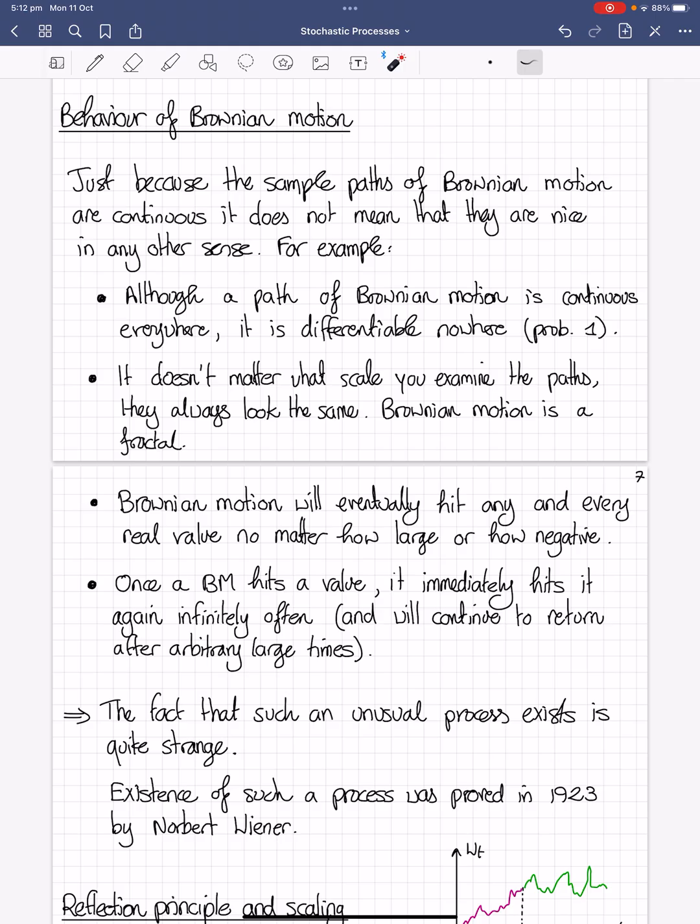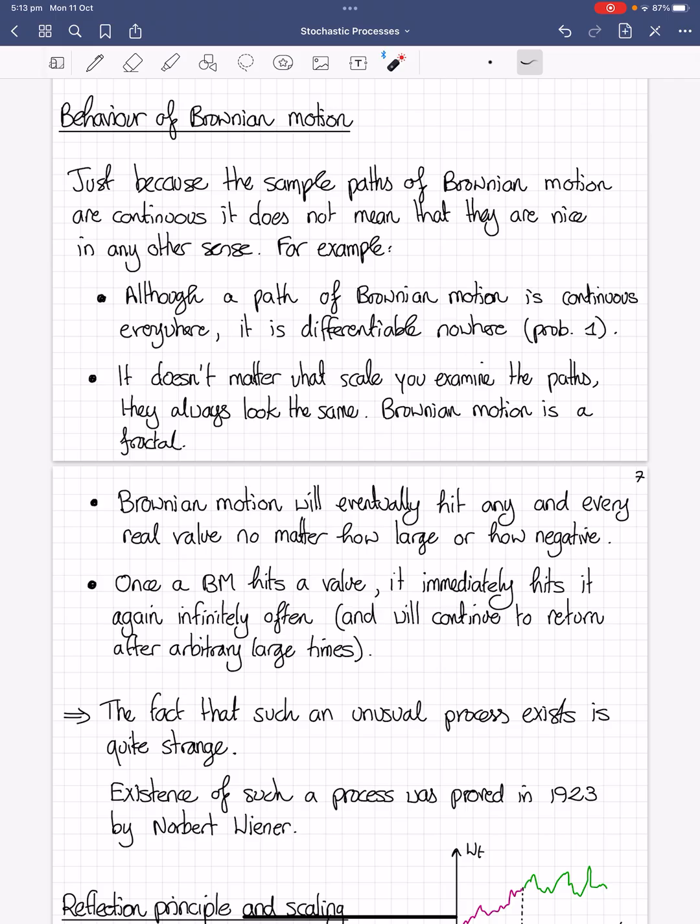Again, this is due to the fractal property of the path of Brownian motion. It's going to hit it infinitely many times after that as well, and it will also continue to return to that value after arbitrarily large times. So it will hit it again very quickly. Then the path will move away from that point, and then it would typically come back to that point. If you wait long enough, it will always come back to that point.